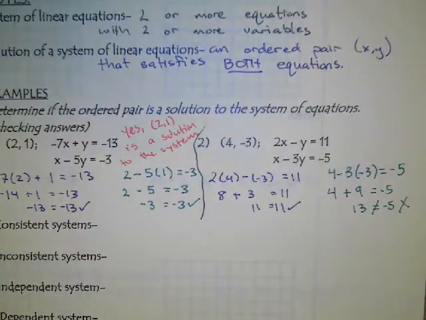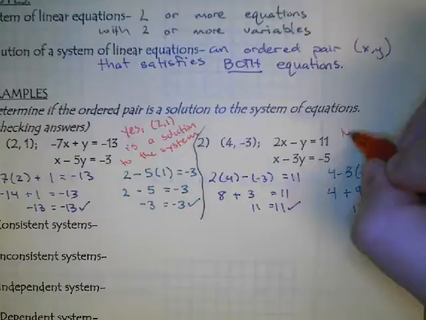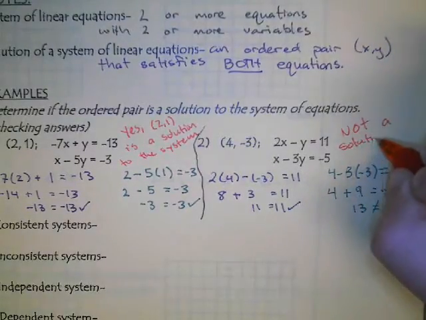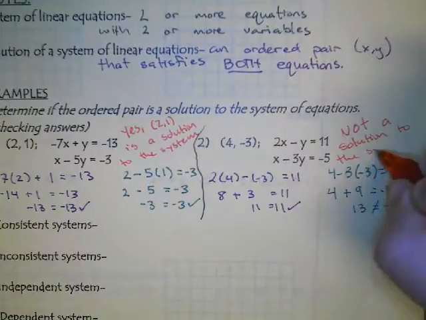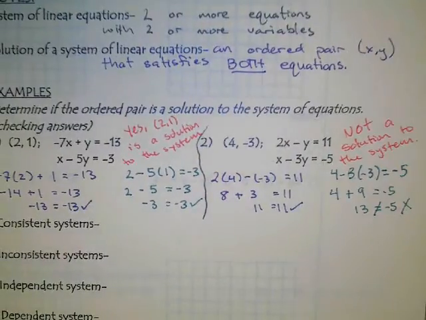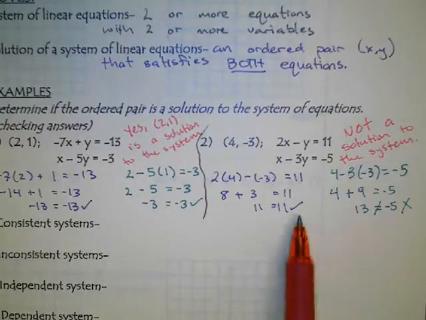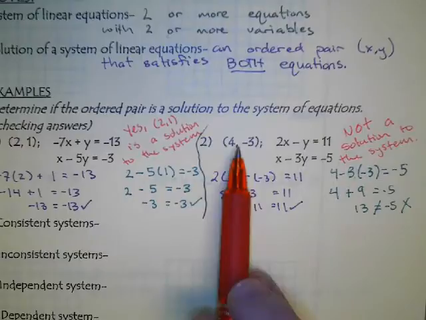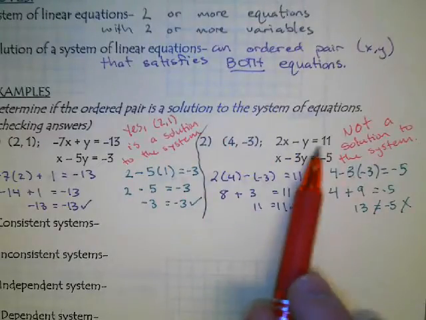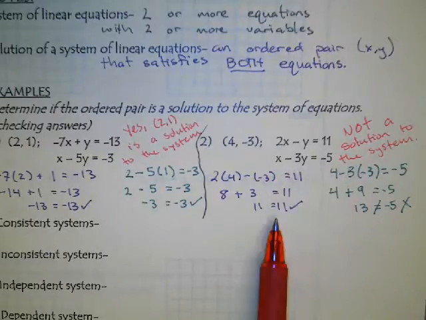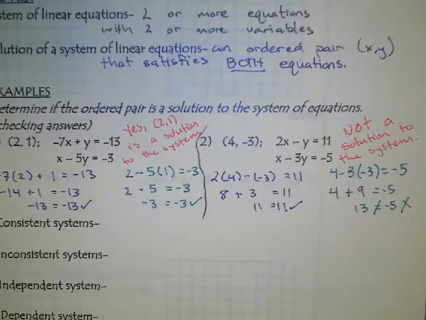So we know that (4, negative 3) is not a solution to the system. I needed to satisfy both. It checked off on one. This ordered pair worked for that first equation, but it did not work for the second equation. So if it's not both, it's not a solution.